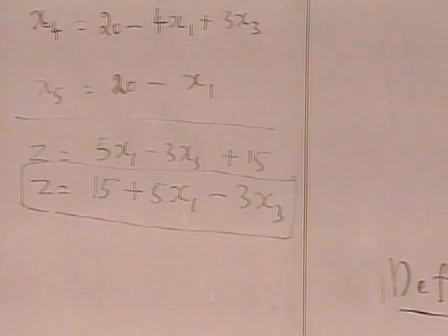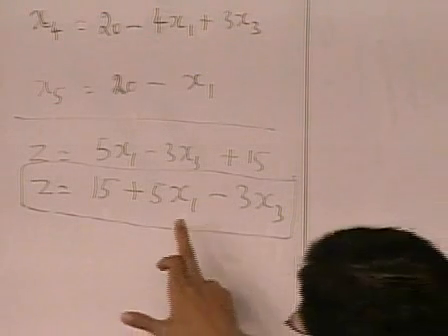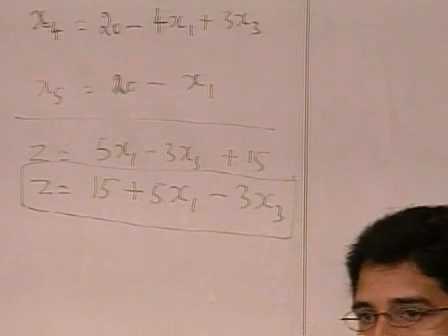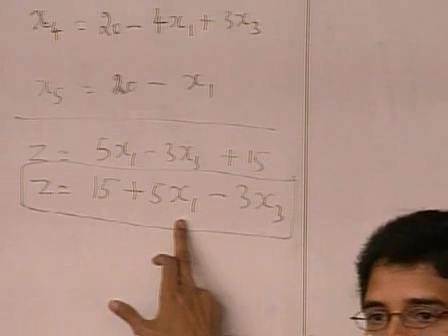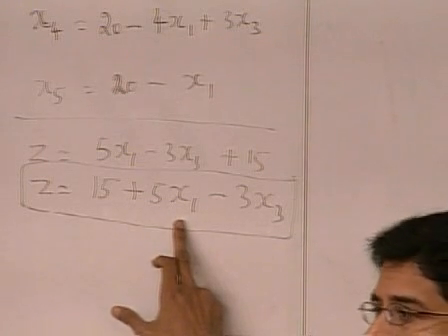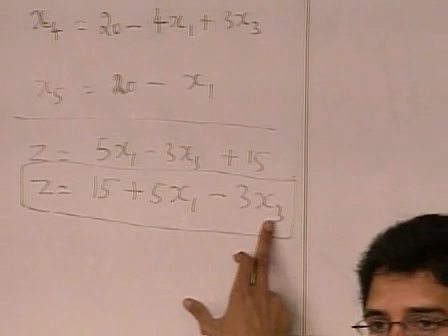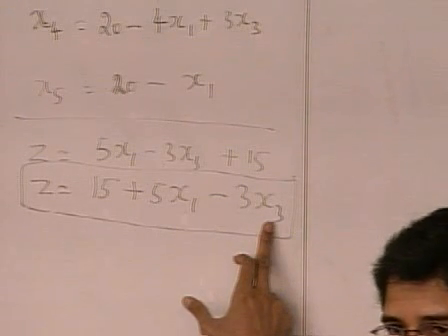So this is just a slower version of what we hurried through towards the end of the previous lecture. But now starting from here, what would we do? So we said for every unit increase in x1, we get paid 5. For every unit decrease in x3, we get paid 3.